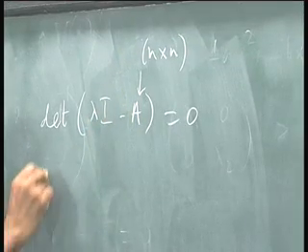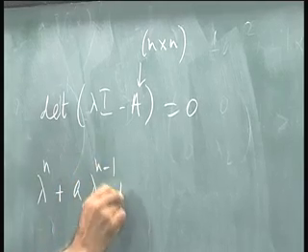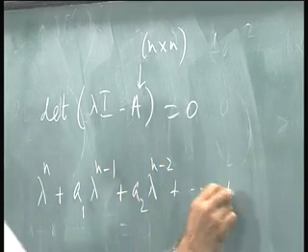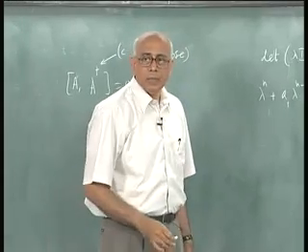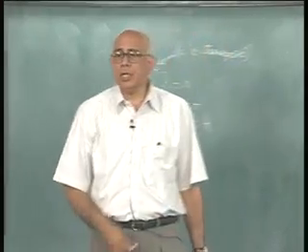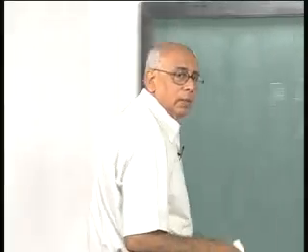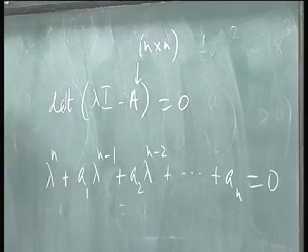looks like lambda to the power n plus A1 lambda to the n minus 1 plus A2 lambda to the n minus 2 plus ... plus An equal to 0. That is the secular equation. In general, this is what it looks like, and the constants A1, A2, A3 are determined from the elements of the matrix A. The Cayley-Hamilton theorem says that the matrix A itself satisfies this equation.